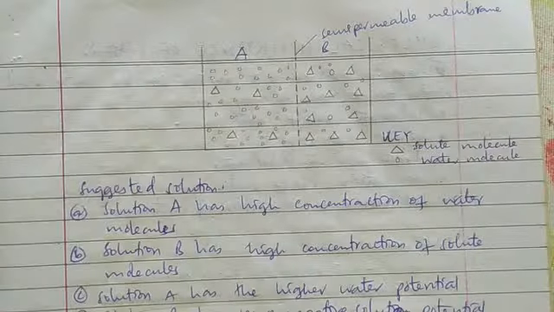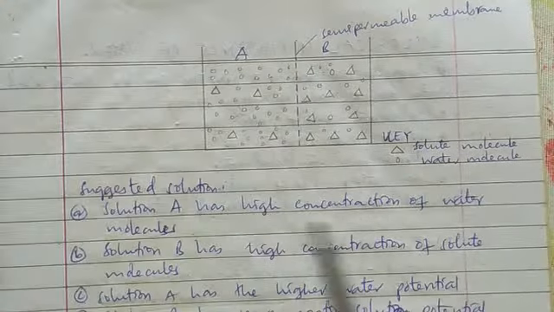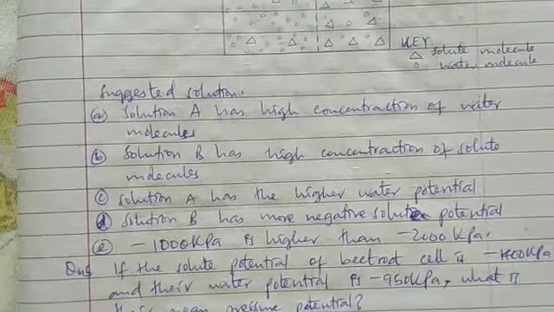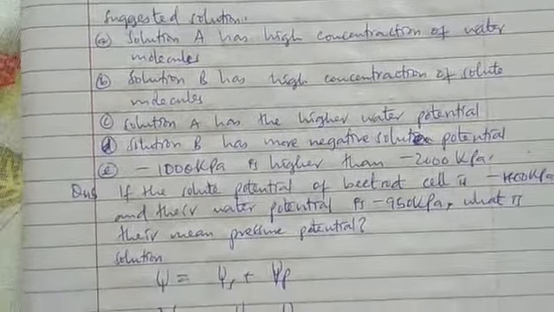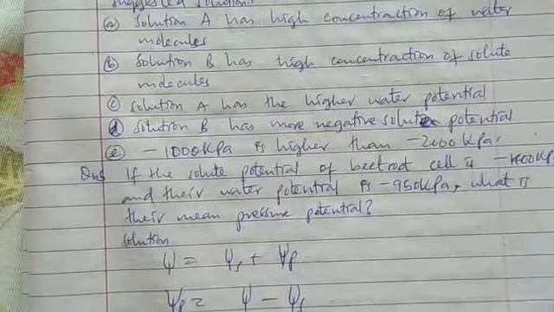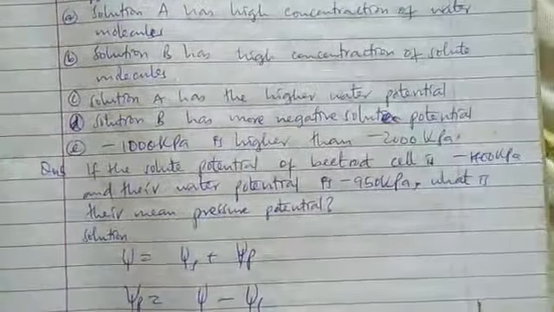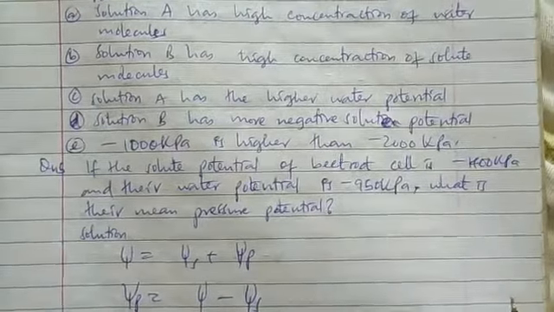Then in C, solution A has a higher water potential as compared to solution B. And in D, solution B has more negative solute potential. Among negative 1000 and negative 2000 kilopascal water potential, negative 1000 is higher in value as compared with negative 2000 kilopascal.